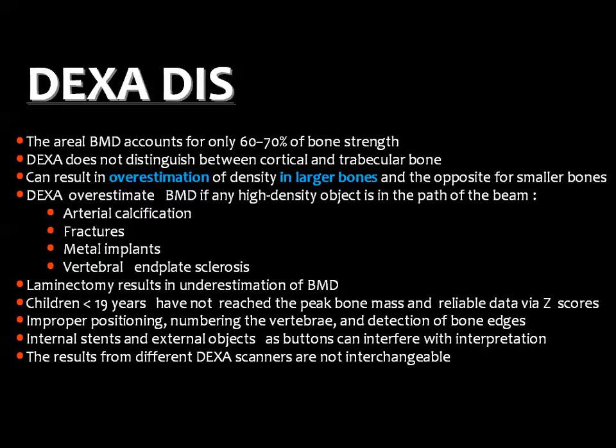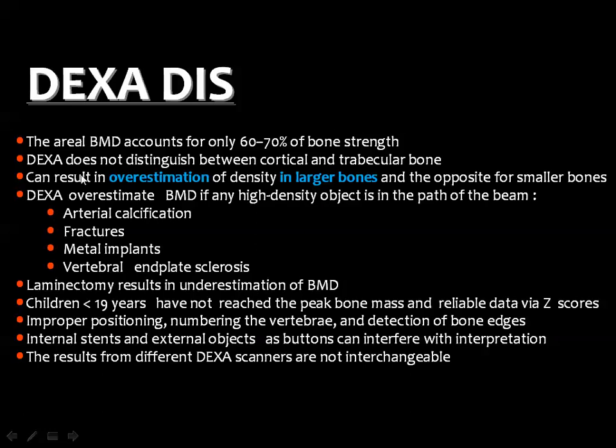Then the disadvantages of DEXA are many. The area of bone mineral density that is measured by DEXA accounts for only 60 to 70% of the bone strength, and that means that the readings of DEXA do not express the real bone mineral density of the overall skeleton.